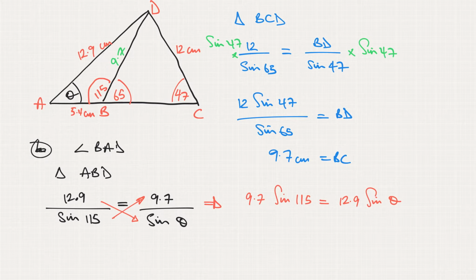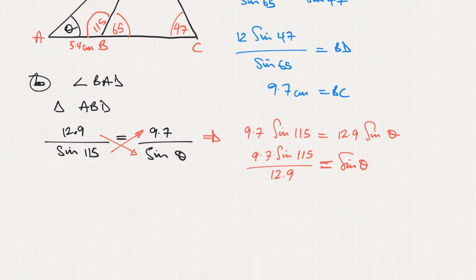So then that gives us 9.7 sine 115 divided by 12.9 is equal to sine of the missing angle. Okay, so what we'll end up doing now is, like I showed you before, since we need to find that angle, we will now end up just removing the sine and sine inverse everything on that side over there.